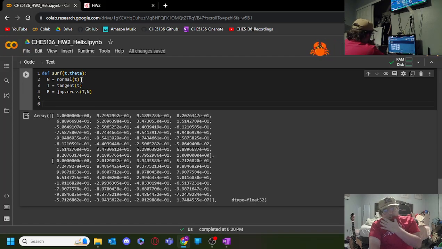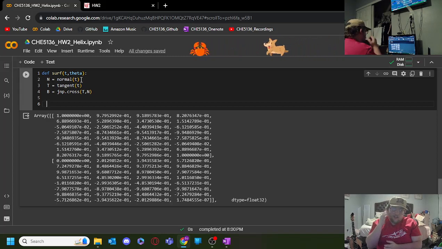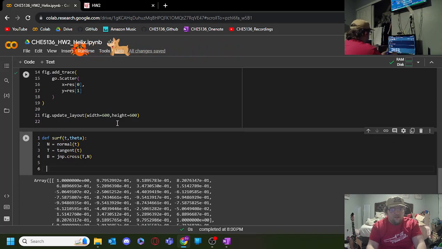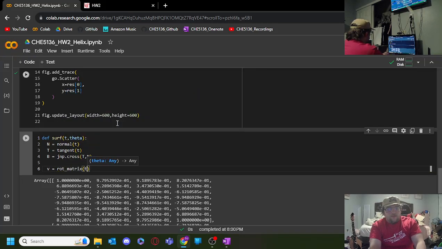So now we got our binormal, and then what we have to worry about from here is that rotation matrix. What I'm going to do is set b equal to our rotation matrix function of theta.